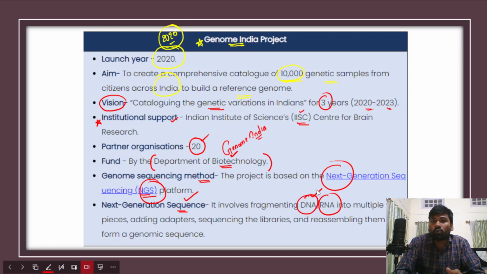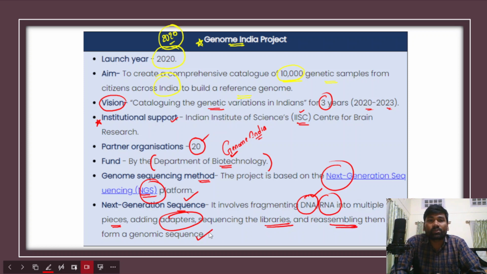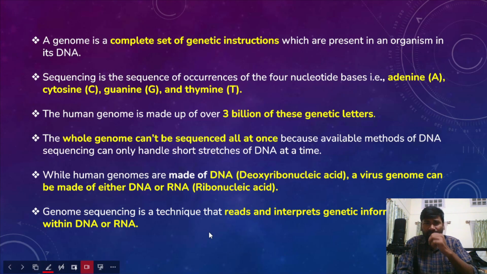Therefore, it involves fragmenting DNA or RNA into multiple pieces, adding adapters, sequencing the libraries, and reassembling them to form the genome sequences. Okay, so this is how the Genome India project would actually be conducted. Now, in this context we will understand exactly what genome sequencing involves.